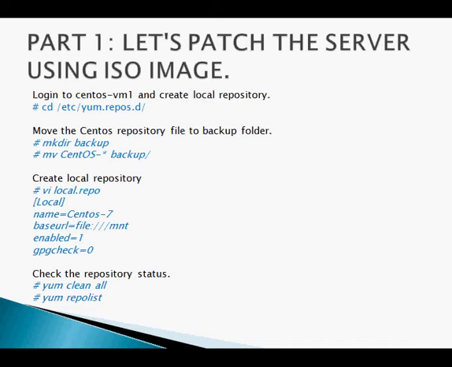Once the repo file has been created, to check whether it is correct or not, first clean the old repositories using the yum clean command, and after that yum repolist, you can see the repository. If there is any kind of error in the local.repo file, you will find some error over there.